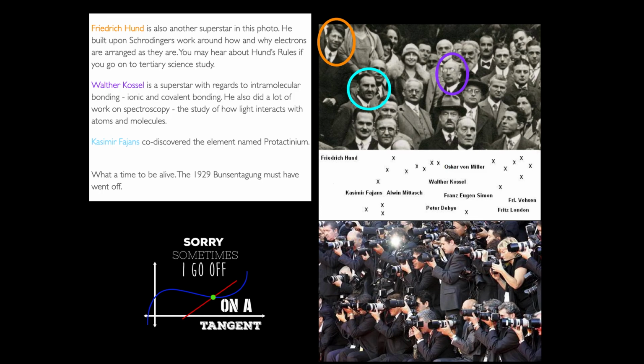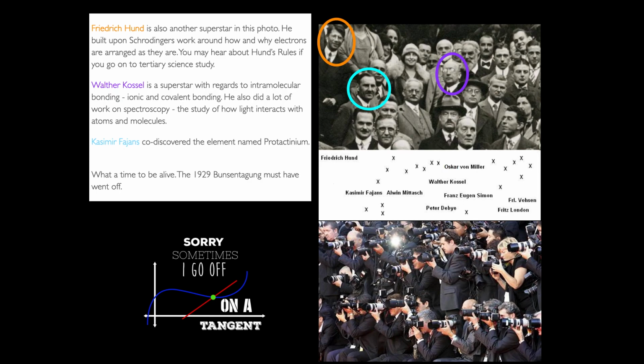So there's another superstar in orange, and we've also got Walther Kossel in purple there in the middle. He was a superstar with intramolecular bonding, so his work on ionic and covalent bonding came earlier, in the late 1800s. He also did some spectroscopy work. So another really cool chemist there.